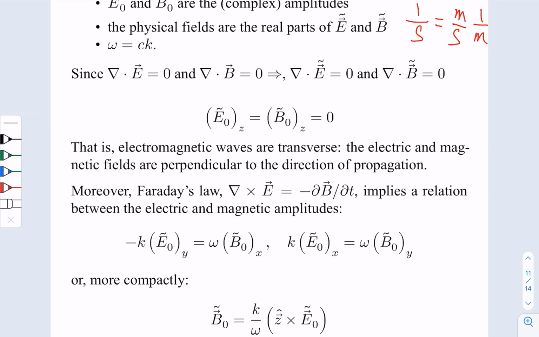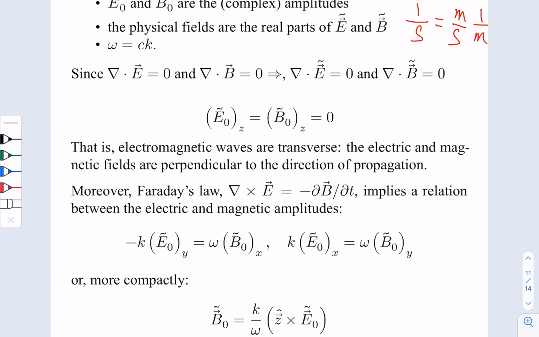If we write out explicitly this curl operator, that relates the y component of the E field to the x component of the B field, and the x component of the E field to the y component of the B field. Remember, these are all discussing the complex amplitude of this wave. So we can compactly express this relation using the cross product.